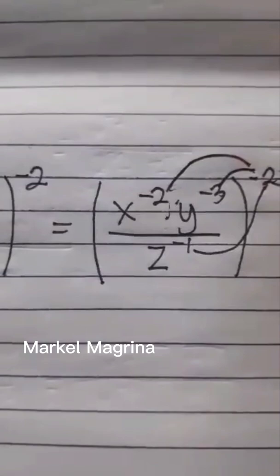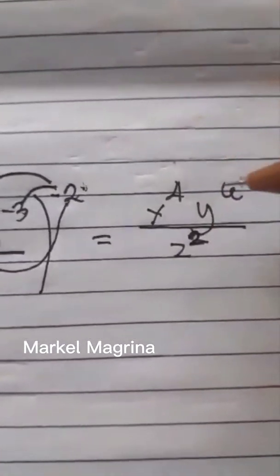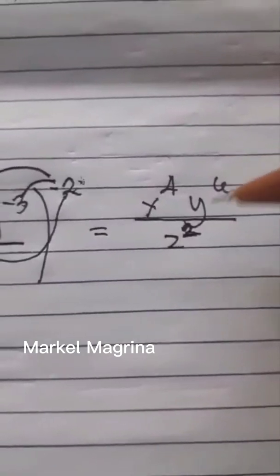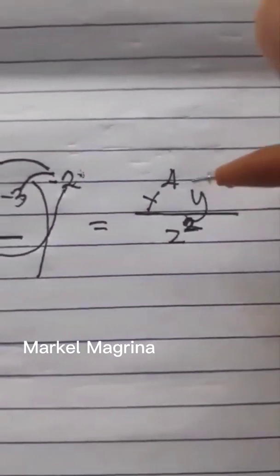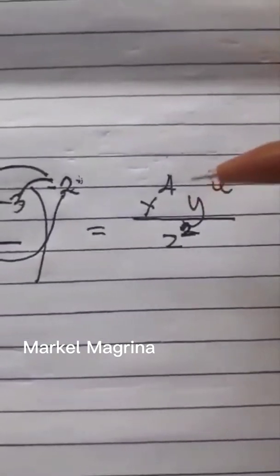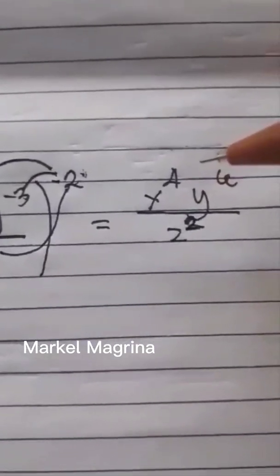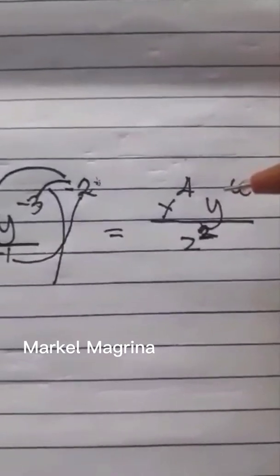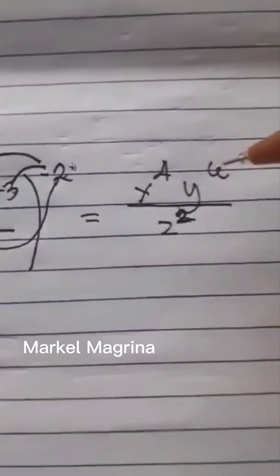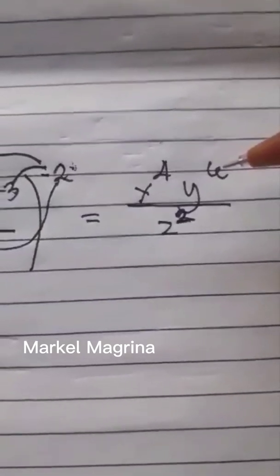So, the answer is x to the power of 4, y to the power of 6 over z to the power of 2. It is 4 because negative 2 times negative 2, since they have the same sign, gives a positive. Same with 6, it is positive because of the same sign, negative 3 times negative 2.